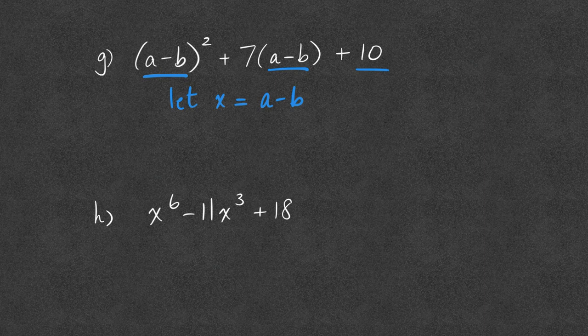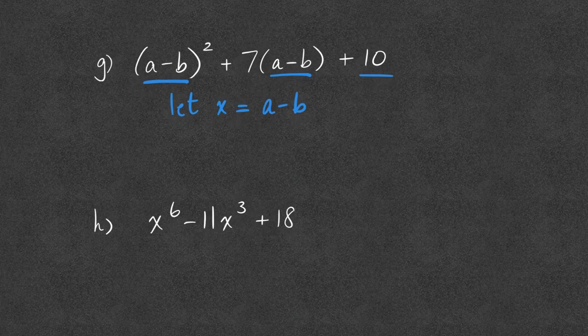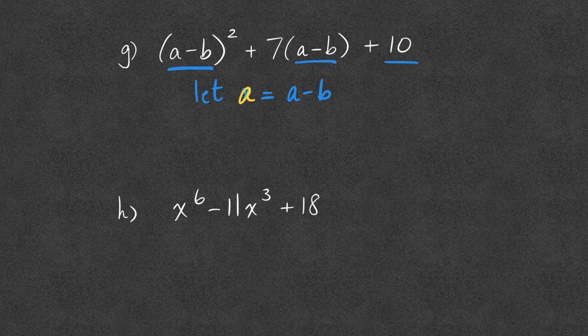I see a minus b pop up twice in that expression, and I'm going to replace the a minus b, the 2-term expression, with a 1-term expression, x. Now, I said that I was going to let some symbol. Just be very careful. Don't let a equal a minus b, because now that gets confusing. I'm using a variable within the expression.